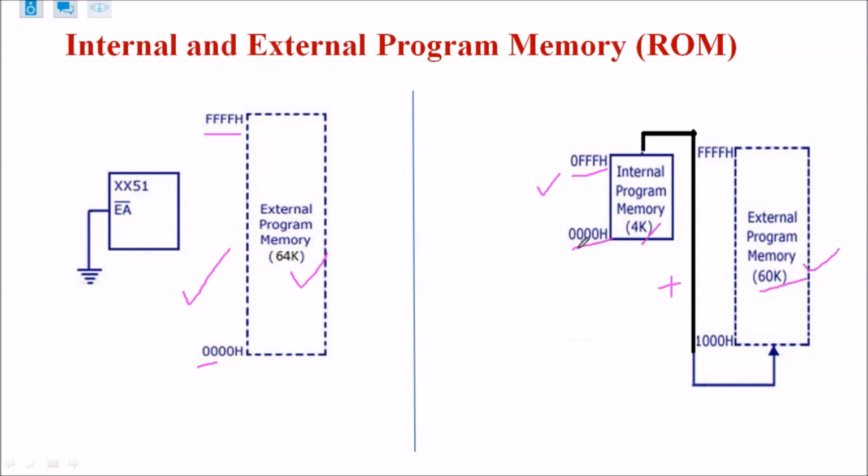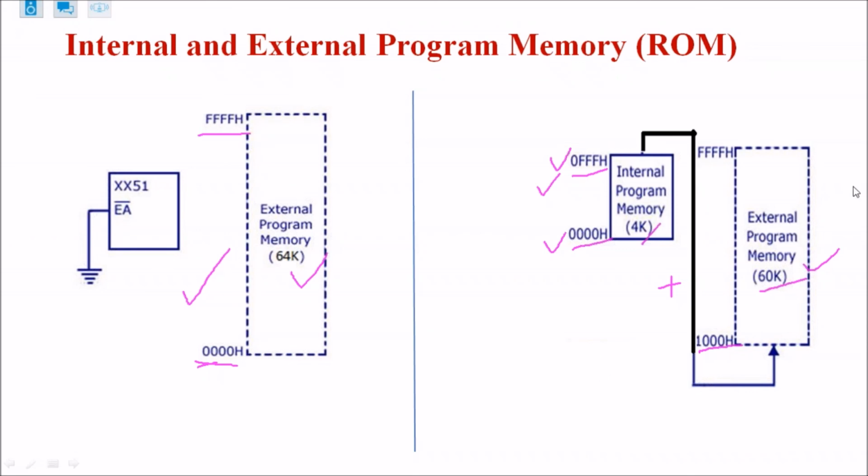For this combination, you can see the internal addresses will be from 0000H to 0FFFH. The next address will start for the external memory. So the external memory addresses will be from 1000H to FFFFH. So the addresses are in continuous locations. Here for whole external memory, all addresses are given to external memory.